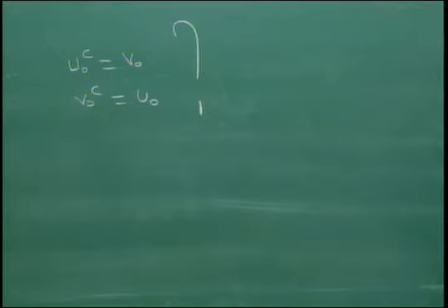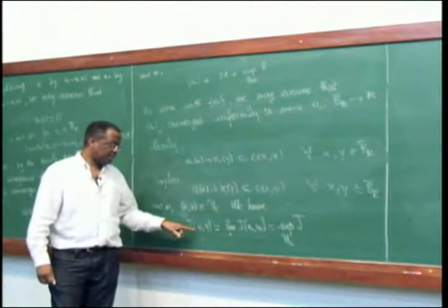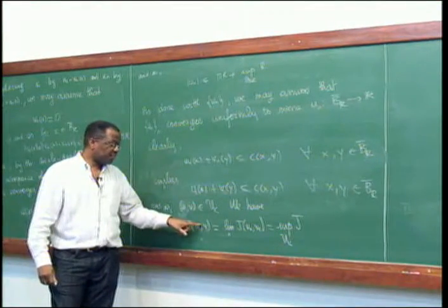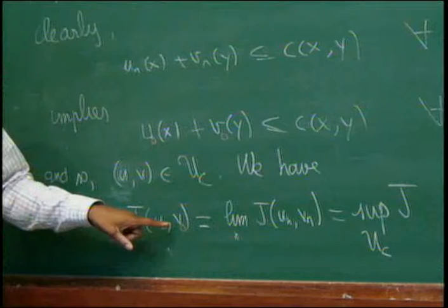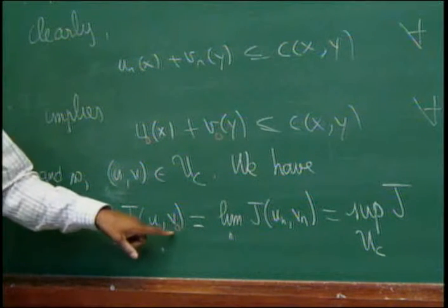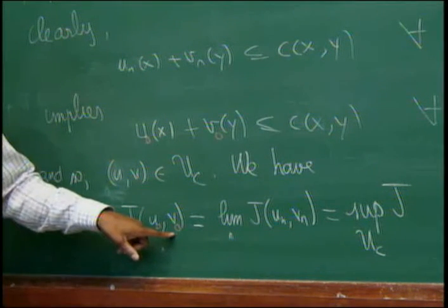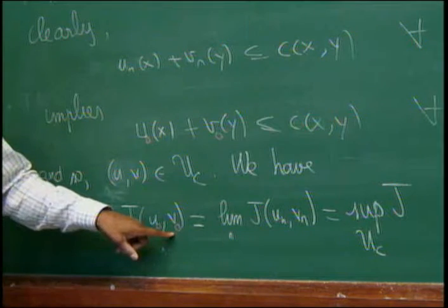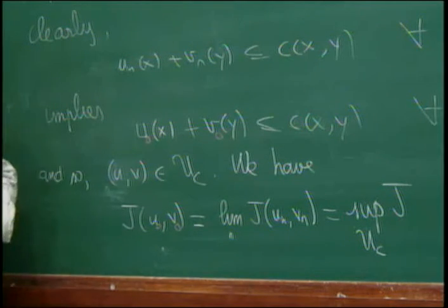Yes. So if this was not true, I can replace this by V naught^c, V is a maximizer, and I will repeat the procedure to have that property.